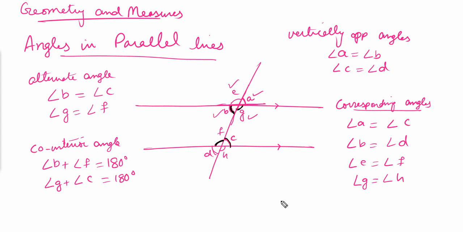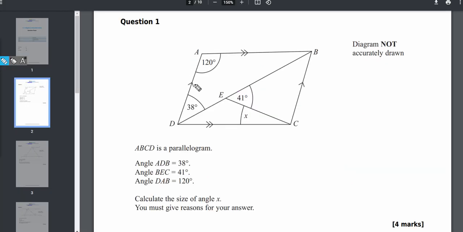Now let's do some exam related questions in order to grasp the concept of angles in parallel lines. Here we have the question. It says ABCD is a parallelogram where angle ADB is equal to 38 degrees, angle BEC is equal to 41 degrees, angle DAB is equal to 120 degrees, and we have to work out the size of angle X. So this is the angle that we have to work out.